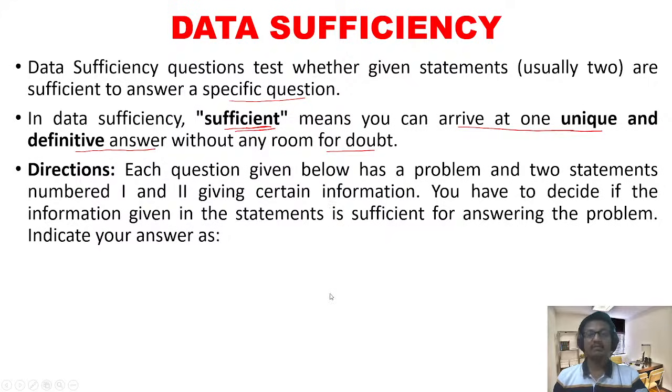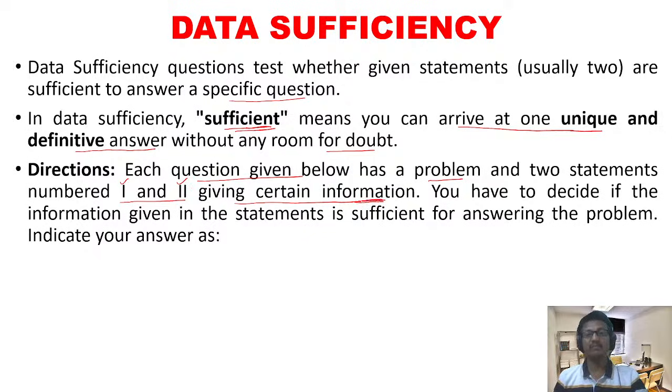Right. So what kind of questions will be given? Generally, the questions will be given like this. You are given directions like this: each question given below has a problem and two statements numbered 1 and 2. So these two statements will give you certain information.